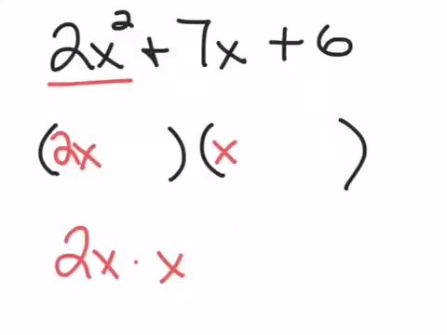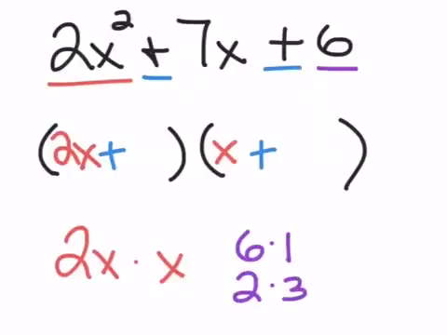And then what's added or subtracted to them, now notice we have all addition signs, so I'm going to add. What's added or subtracted to them is going to be the factors of 6. So what are the factors of 6? 6 times 1 and 2 times 3.